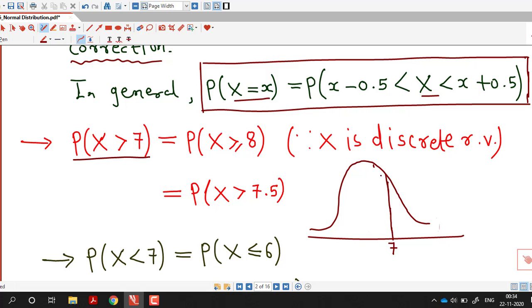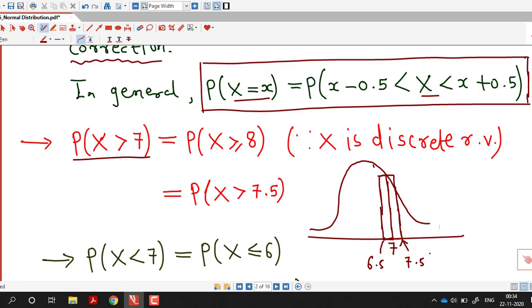So first I will consider a rectangle or box around this 7, and this distance we will always consider as 0.5. So this is nothing but 6.5 and this point is nothing but 7.5.